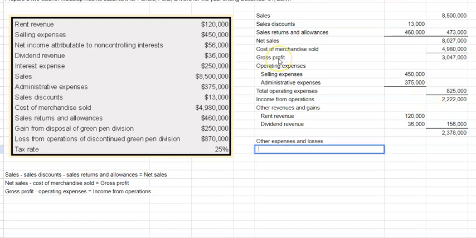We only have one. Here, this interest expense for $250,000. Since we only have one, we do not have to put it in the left-hand side because it's not a list of more than one item. We'll just put it over to the right-hand side, $250,000. And then when we take that out, we find our income before income tax.